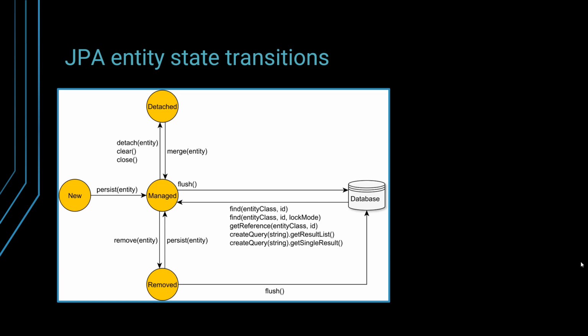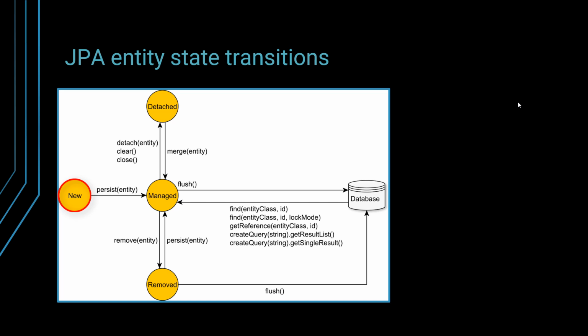All right, so as I told you, JPA works like a state machine. Now, there are several states in which an entity can be. An entity starts in the new state. That's when you create the entity for the first time on the heap by calling the constructor. You're populating some properties, but that object only exists on the heap. It has never been persisted.